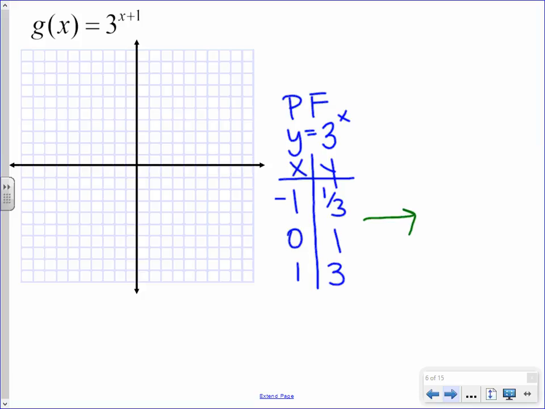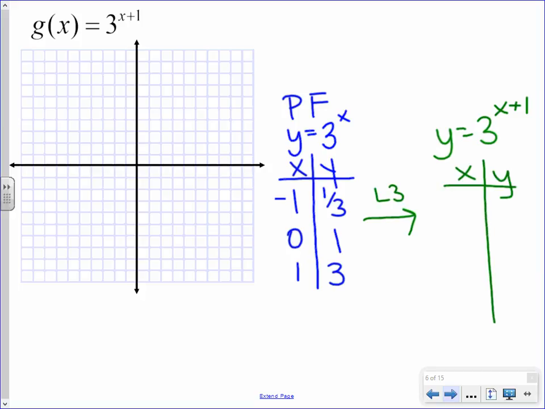If we wanted to graph y is 3 to the x plus 1, we're going to take each of those coordinates and shift them which direction, Molly? Left. Okay, we need to go left. So if I take these points and shift them, yeah, it's definitely left 1. Shift them left 1, then these become negative 2, 1/3, negative 1, 1, and 0, 3.